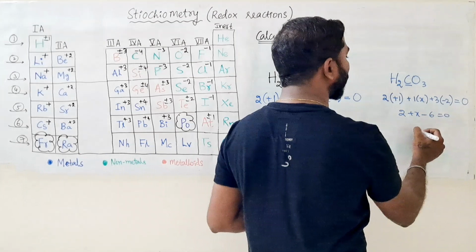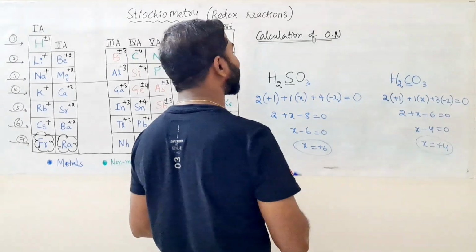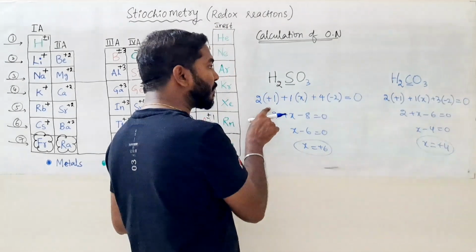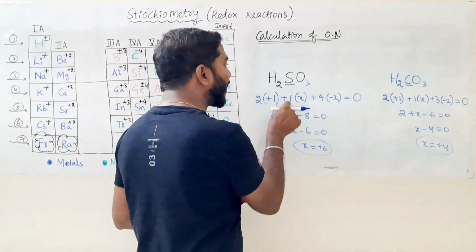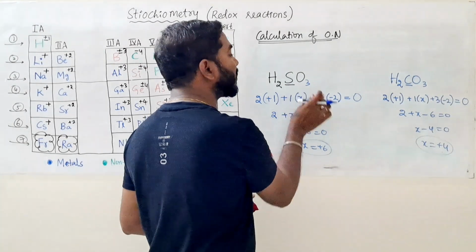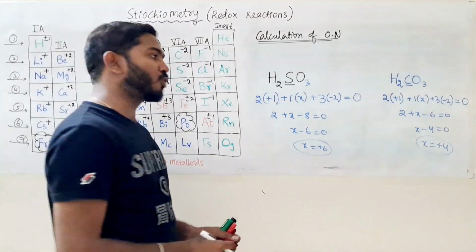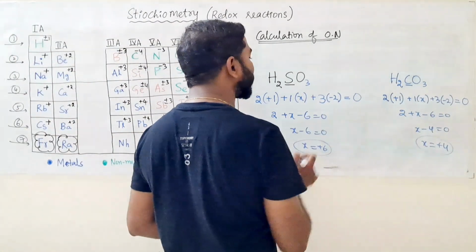Let me give you another one, sulfurous acid, H2SO3. Now how to do this, sir? We can take the same approach: 2 into +1 plus 1 into X. But how many oxygens do we have? 3 oxygens, so we replace this with 3 into -2, which is -6.